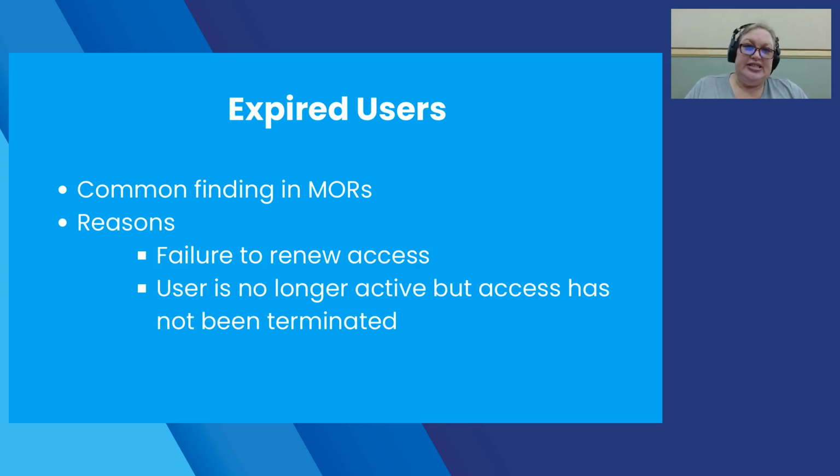Some of the reasons somebody can be showing as expired are if they fail to do their annual or 6-month renewals, depending on what their role is, or if the user is actually no longer really active, but their access has not been terminated in the system. It's going to show as an expired user when we do your MORs, and that's a potential finding.